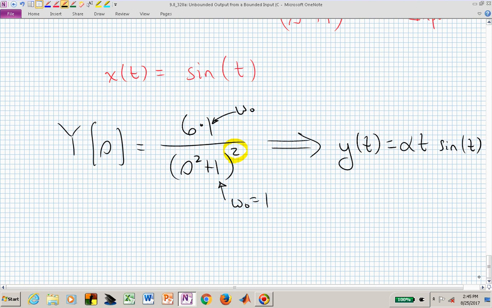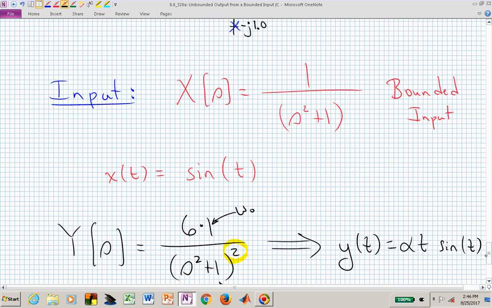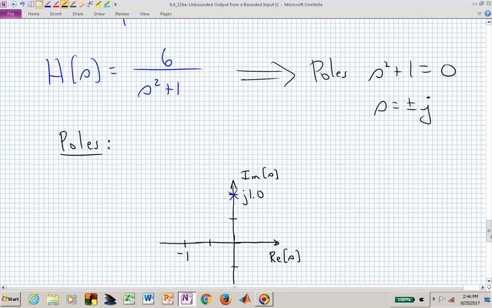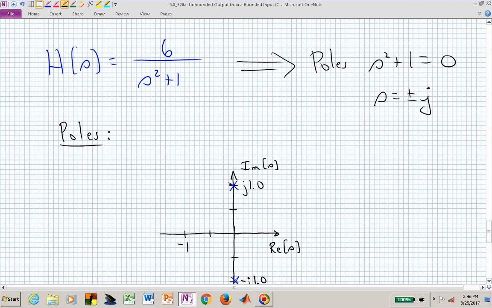And now what does this y of t do? Putting a t in front of it now causes this sinusoid to grow. Its envelope is now growing as a function of time. So this now produces an unbounded output by applying a bounded input. Sine of t is bounded, but we started with a special transfer function.